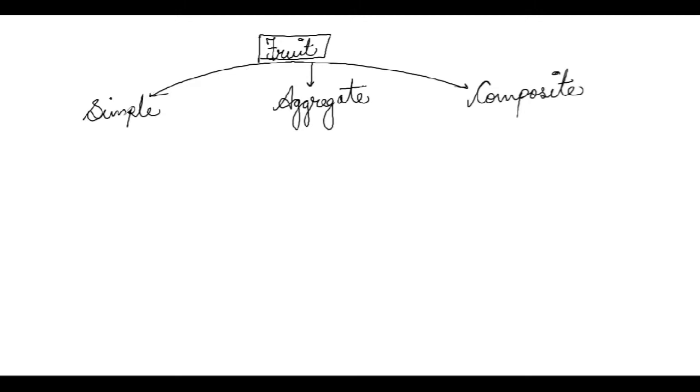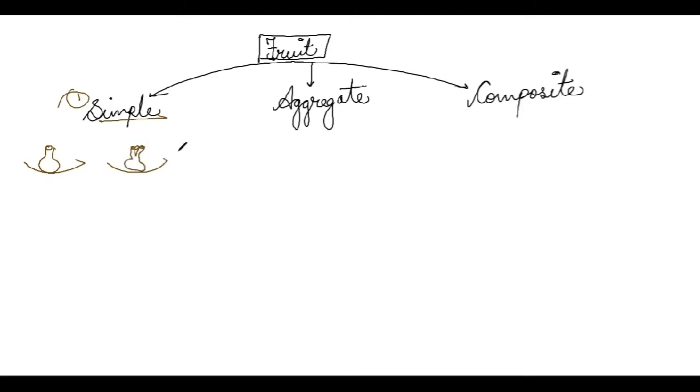So let's start with the first one, that is the simple fruits. In case of simple fruits, a single fruit is formed on one thalamus. It can be formed from one ovary, or it can be formed from more than one carpel, but all those carpels remain fused with each other like this.